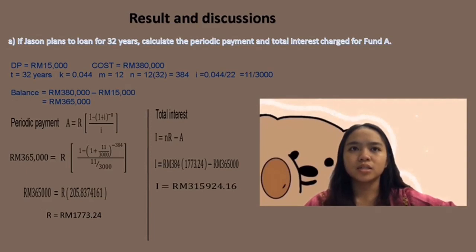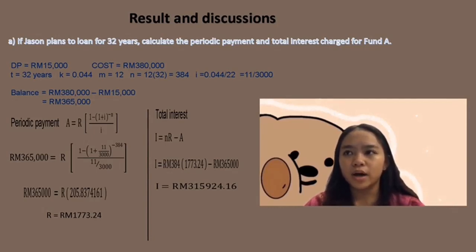The answer is 384. I equals 0.044 over 12. The answer we get is 11 over 3000. The balance is RM 380,000 minus 15,000. The answer we get is 365,000.